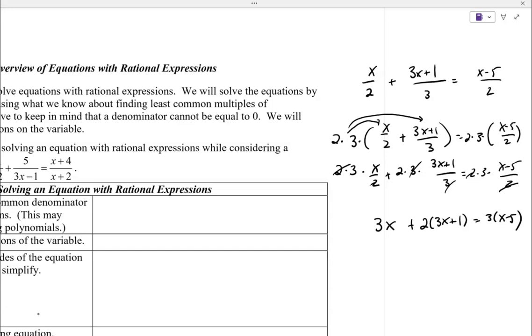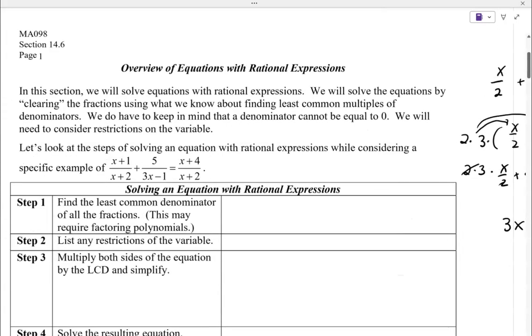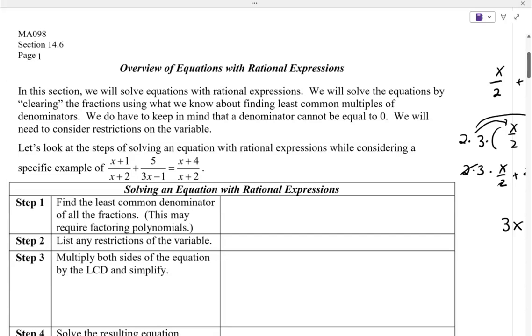Okay? So let's shift it over from numbers to variables. Okay? So in step 1 here, all this is asking you to do for step 1 is identify what we need to multiply both sides by. Okay? Well, what things do you see in the denominator? X plus 2 and 3x minus 1.